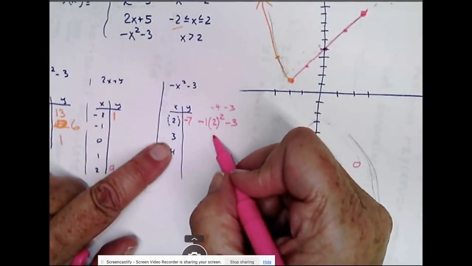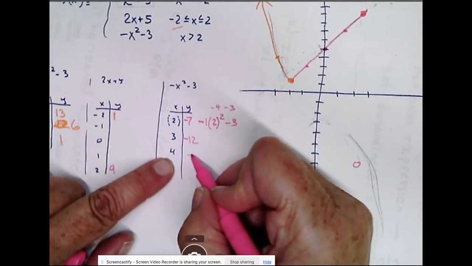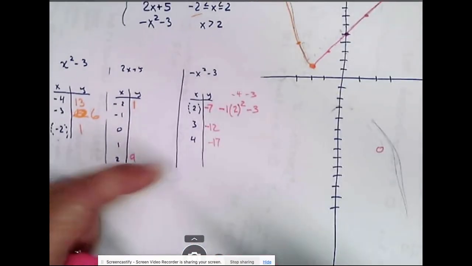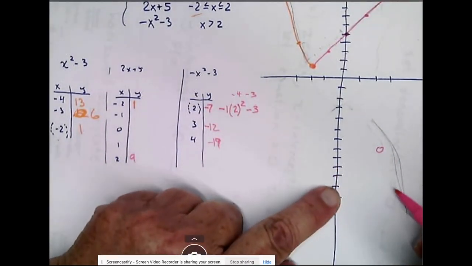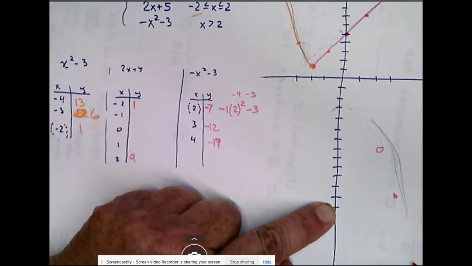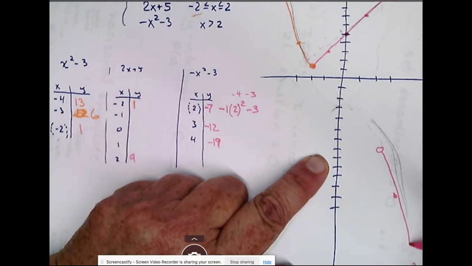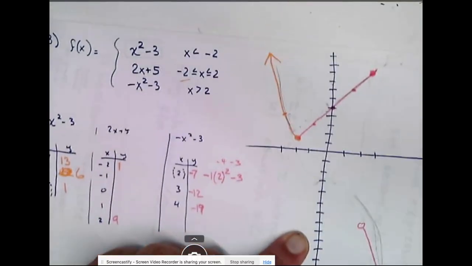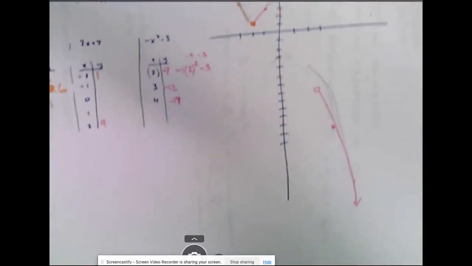And then this would be negative 9 minus 3 is negative 12. And negative 19. Okay, 7, 8, 9, 10, 11, 12-ish. And then one right on here. So, all right, so there's my function.